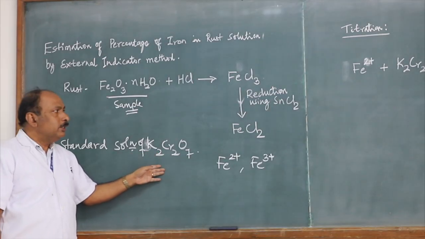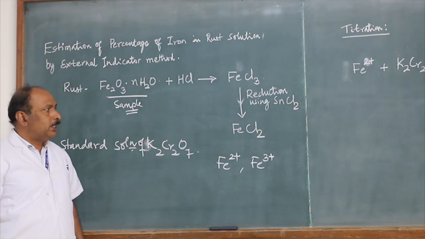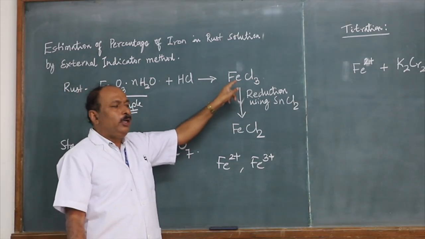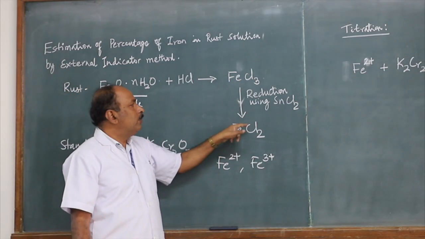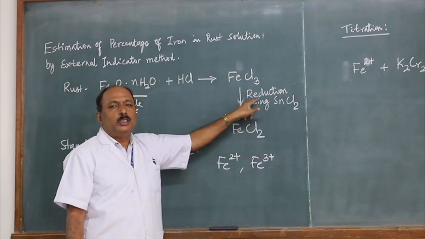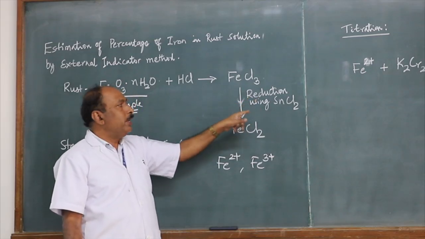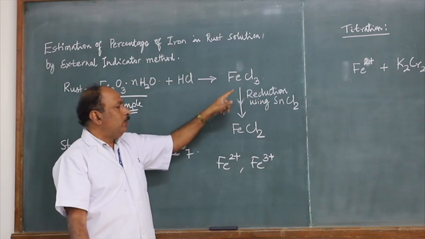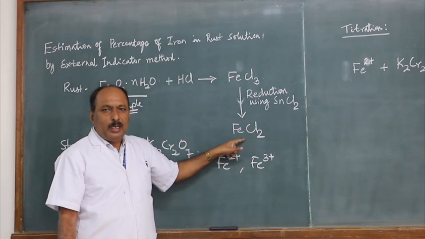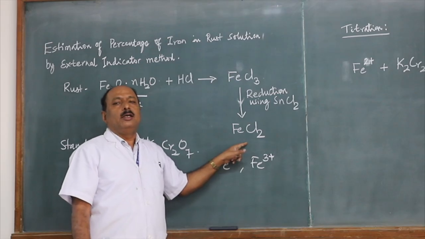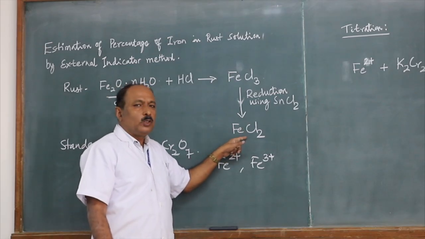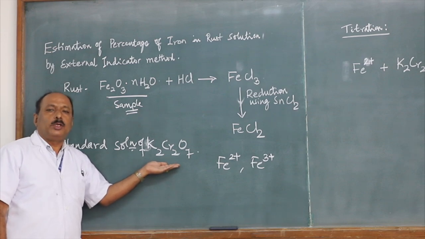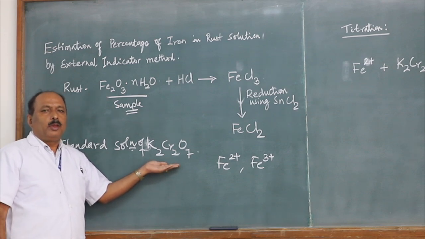So, an experimental procedural adjustment is made: convert all ferric ions present in ferric chloride into ferrous ions by making use of a strong reducing agent like stannous chloride. Thereby, all ferric ions present in the rust solution are quantitatively converted into ferrous chloride, and the amount of iron present in this ferrous chloride is estimated by titrating against the standard solution of potassium dichromate.